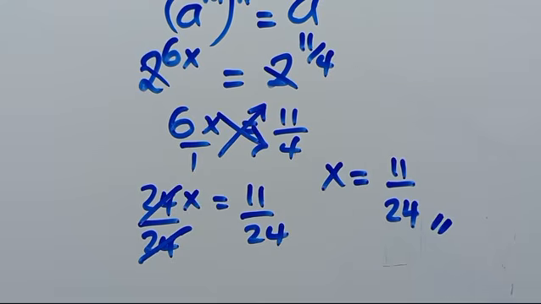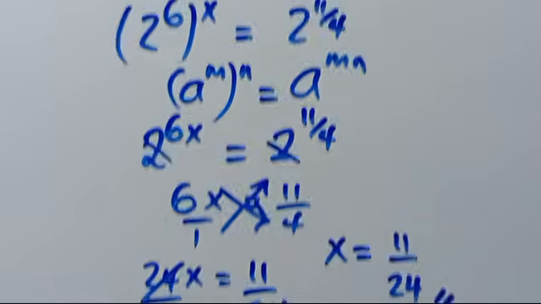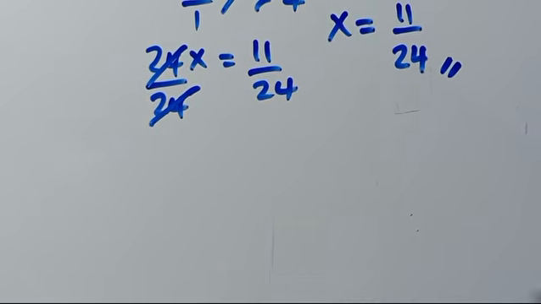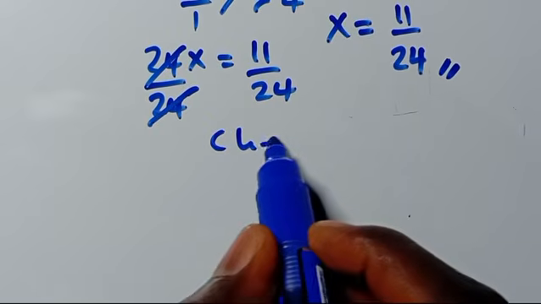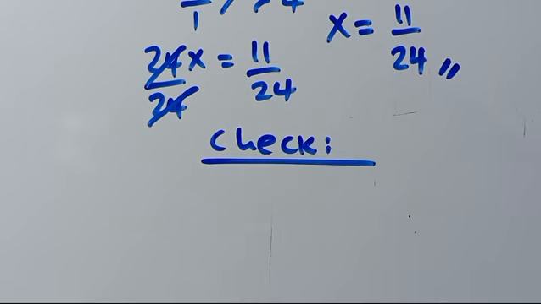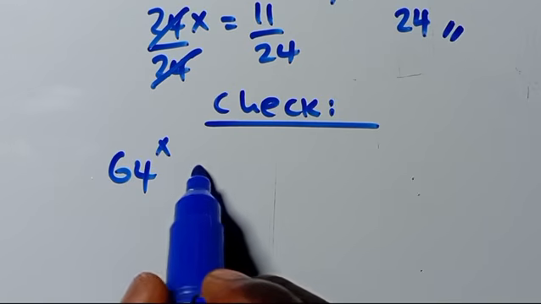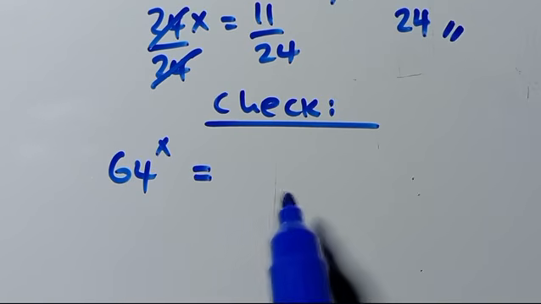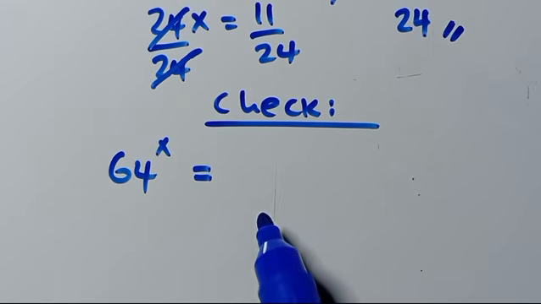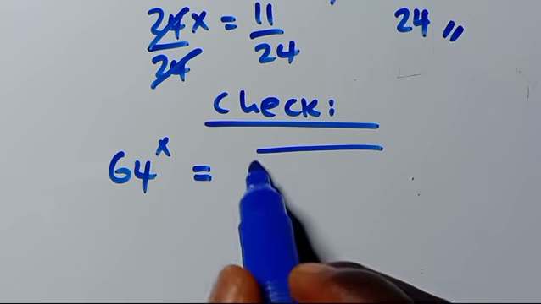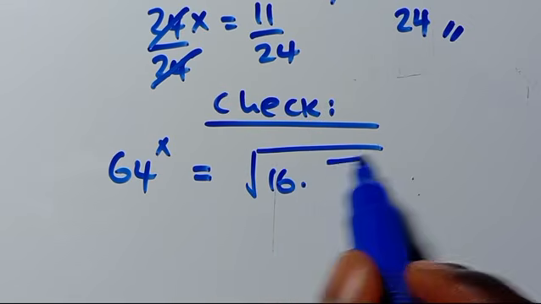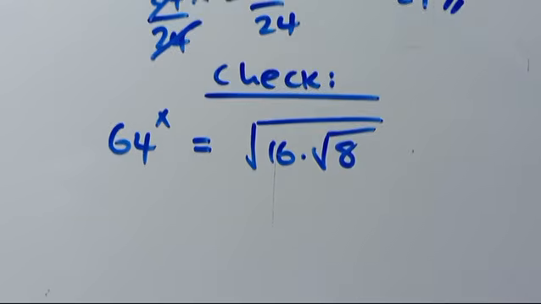So we can now verify this. If true that x is 11 over 24, it should definitely give us 64 to the power of x equals root 16 times root 8.